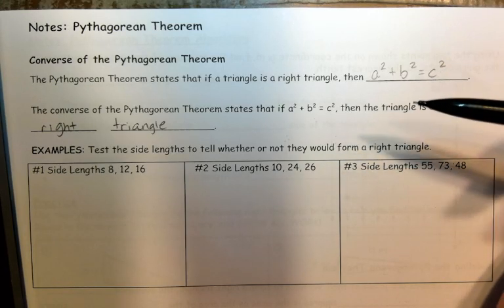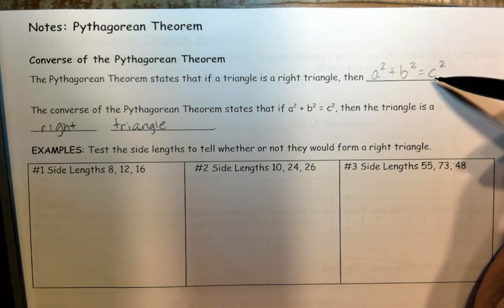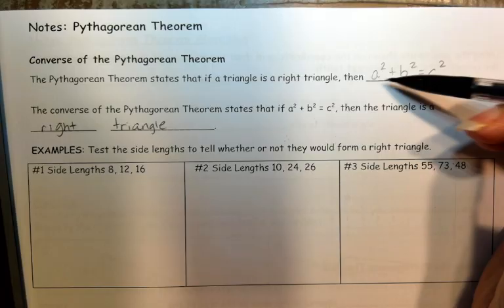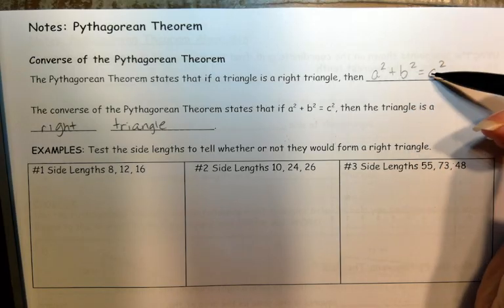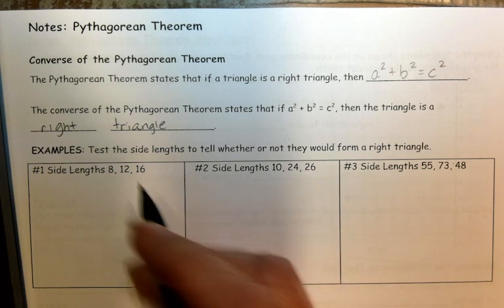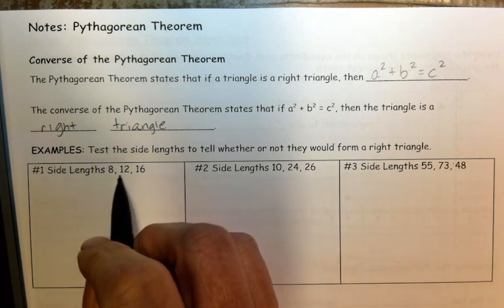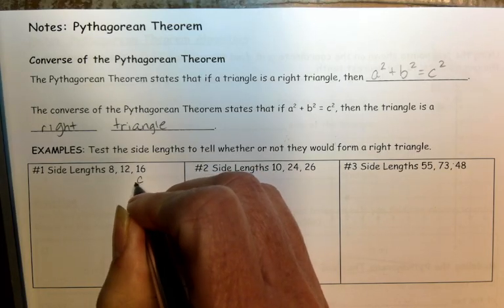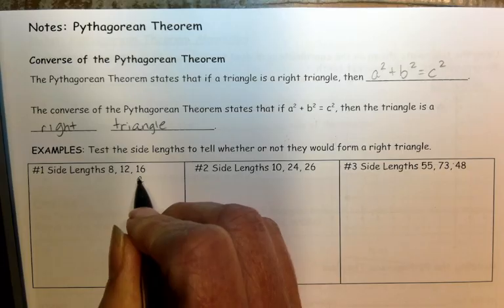Now remember, C is important because that's the only one that has to be the right value. A and B can be either value, A or B, as long as it's a leg. Our C has to be the hypotenuse, which again is our longest length. So you always look for C first because that's the most important. So we're looking at the three numbers here, and our hypotenuse is going to be C because that is the longest out of the three sides.